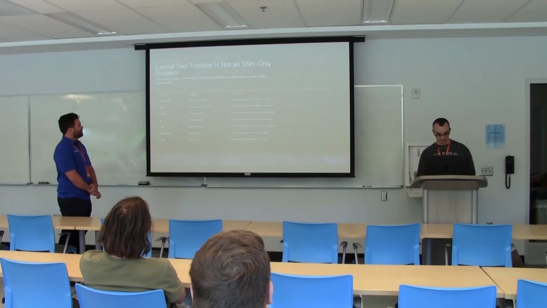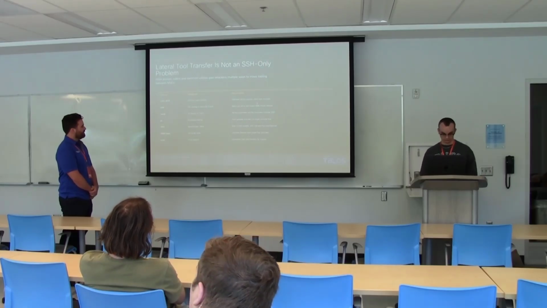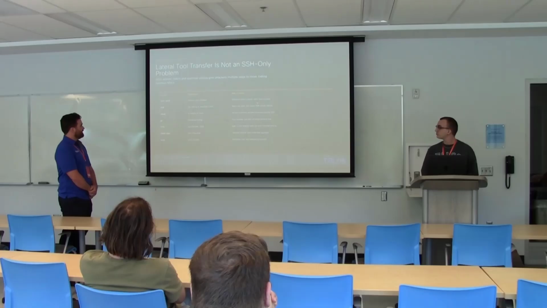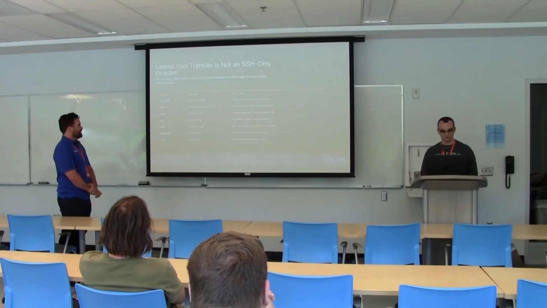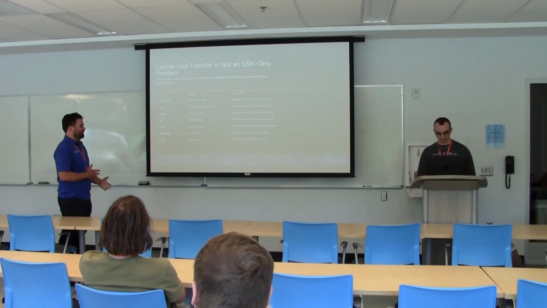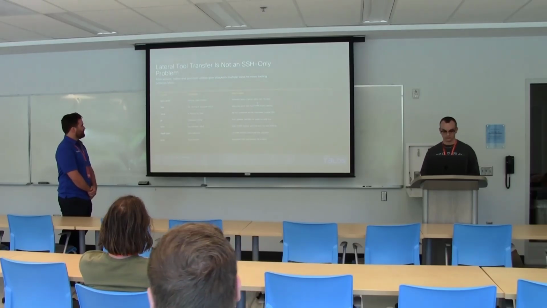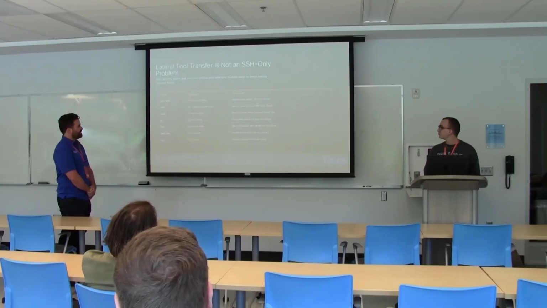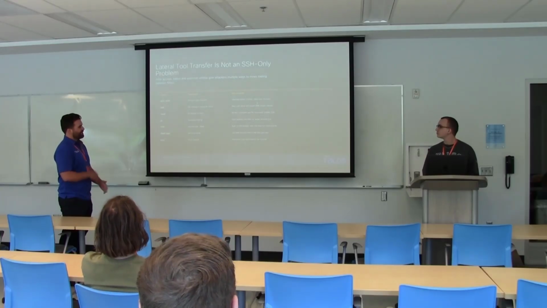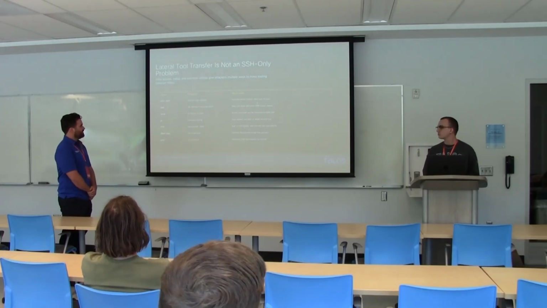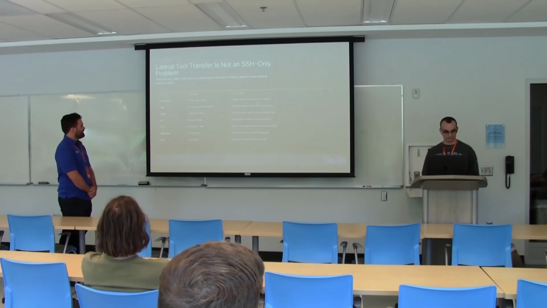And that takes us to a few more lateral tool transfer methods that we researched. As we mentioned from the beginning, we wanted to look at things that weren't just SSH. At the top of the list, we see secure copy and SFTP, which use SSH under the hood. That was just our baseline, but we wanted to look at some other things that were not just SSH.